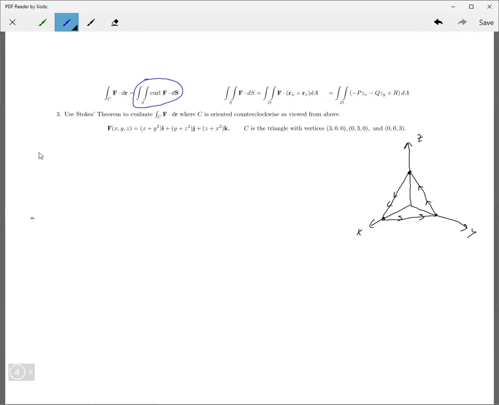One way that you can calculate the curl is you can use the formula certainly, but another way you can do it is you can set it up as a determinant.